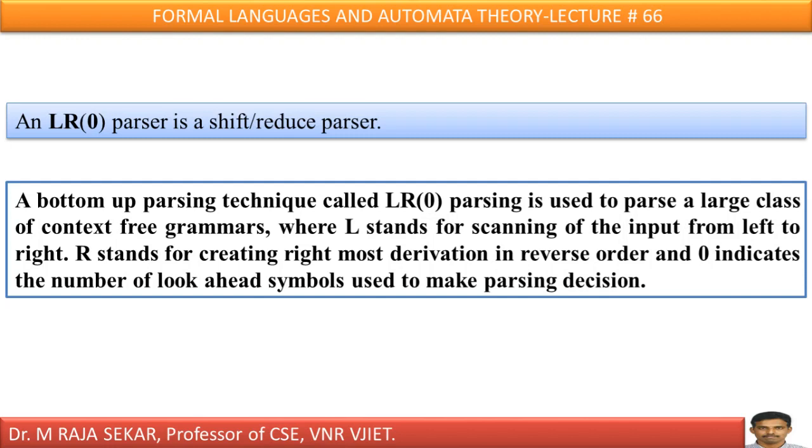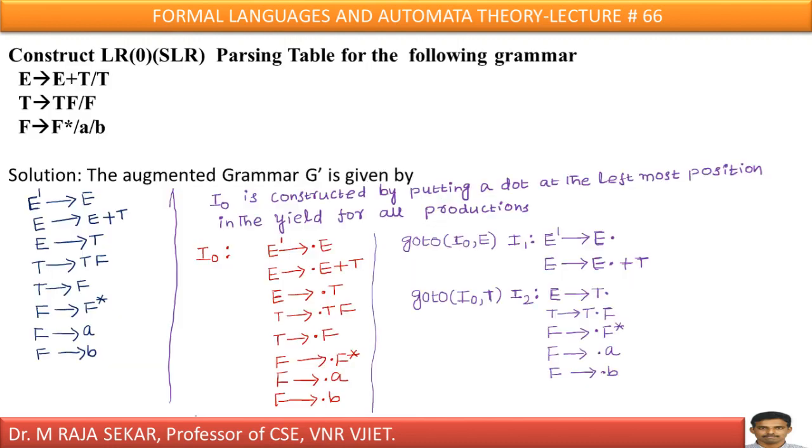I request you to go through this theory after discussing a problem. Let me explain this LR0 parsing technique with the help of a simple problem. Construct the LR0 parsing table, another name for which is SLR, for the grammar.